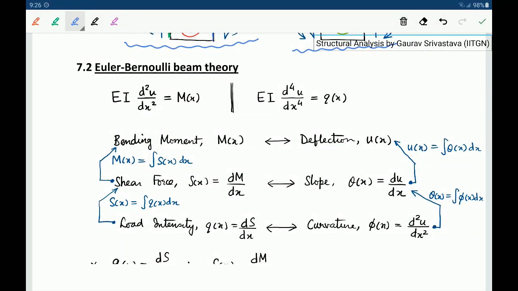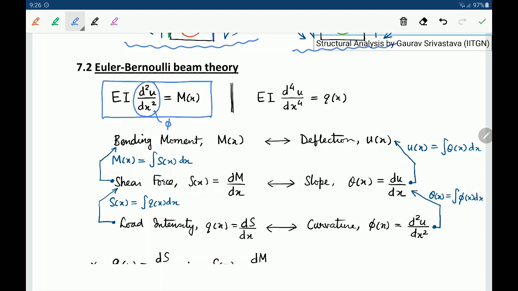Next, let's do a very quick review of the Euler-Bernoulli beam theory. We will not go into derivations because this is typically derived in a mechanics course. The basic differential equation that comes out of the Euler-Bernoulli beam theory is this. This is the moment curvature relationship. The second derivative of the displacement is the curvature.